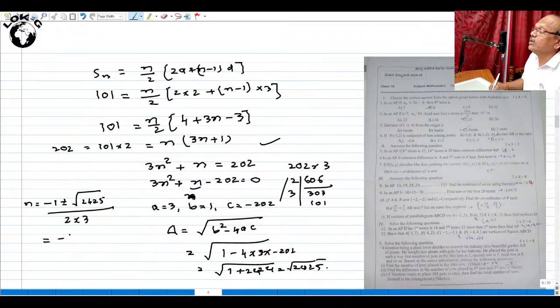What do you get? Minus 1 plus or minus root of 2425. Is 2425 a perfect square? Check. 2425 is not a perfect square.